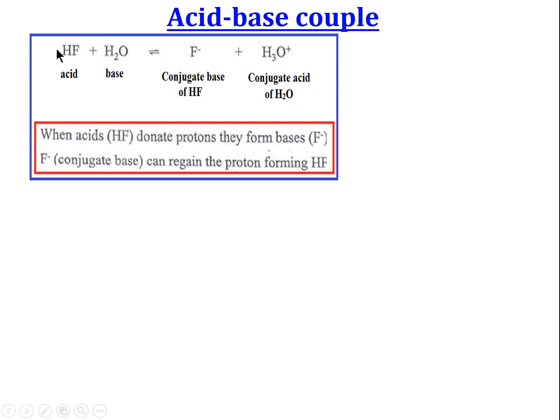So when we put an acid substance in water, it will dissociate to its conjugate base. HF dissociates to F- and H2O is transformed to H3O+. So we talked about acid-base couples.